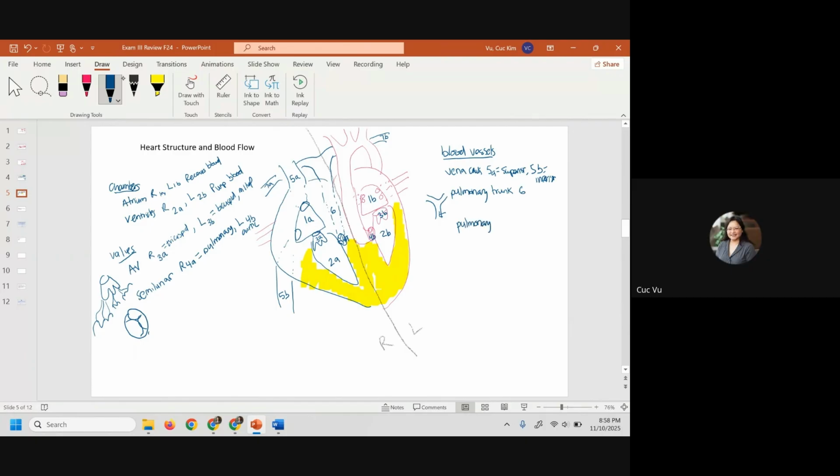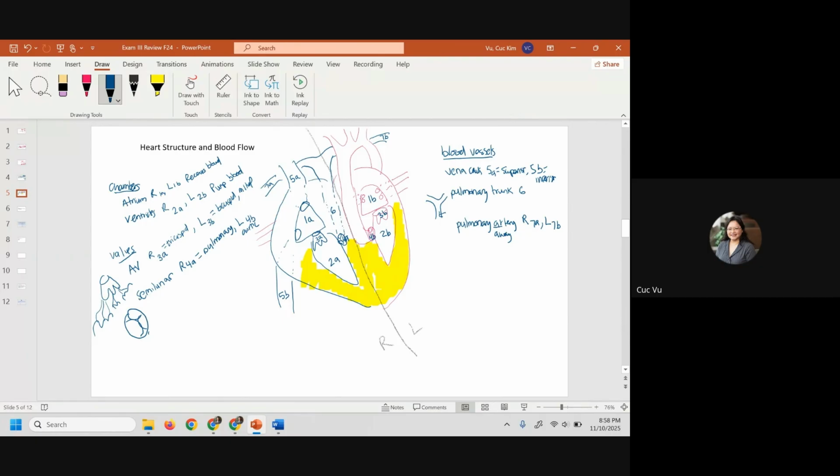Now, we use the term artery because arteries always move away from the heart. So the right side one would be 7A, and the left-hand side one would be 7B.